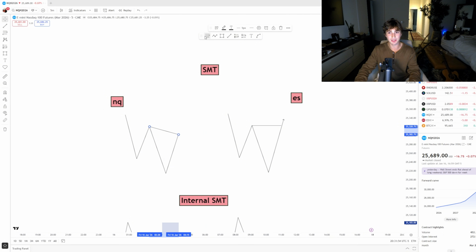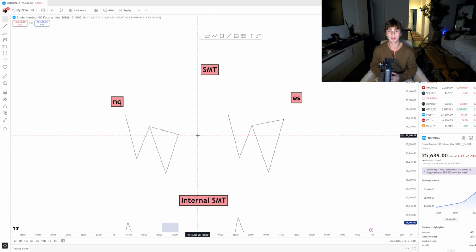That creates an SMT. And an SMT is a divergence in these assets, indicating that now that ES has taken this high, NQ doesn't have to anymore. It doesn't require NQ to go for this anymore if that was a level that NQ was seeking. Now we don't have to hit it because ES has taken it.